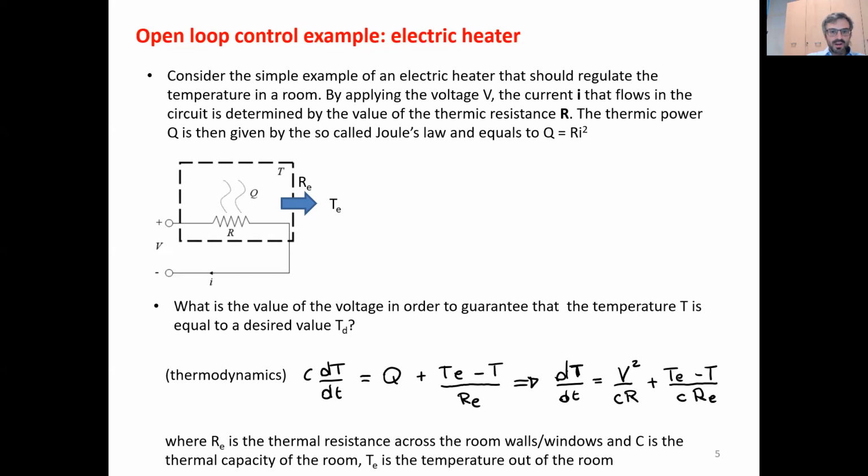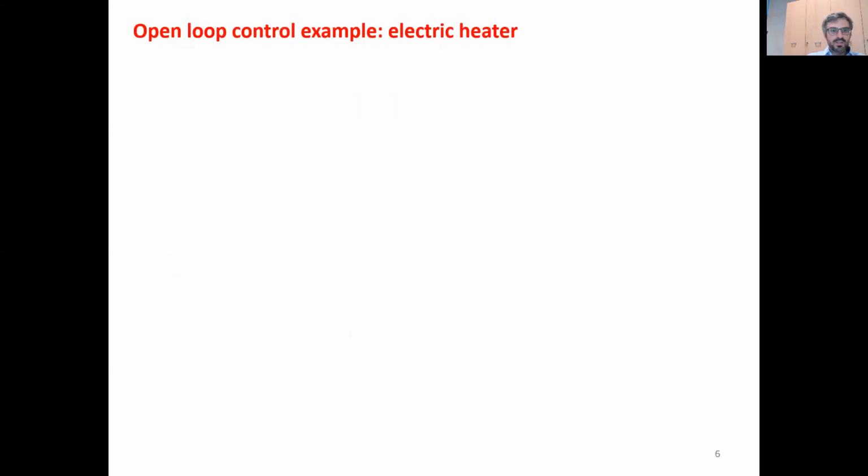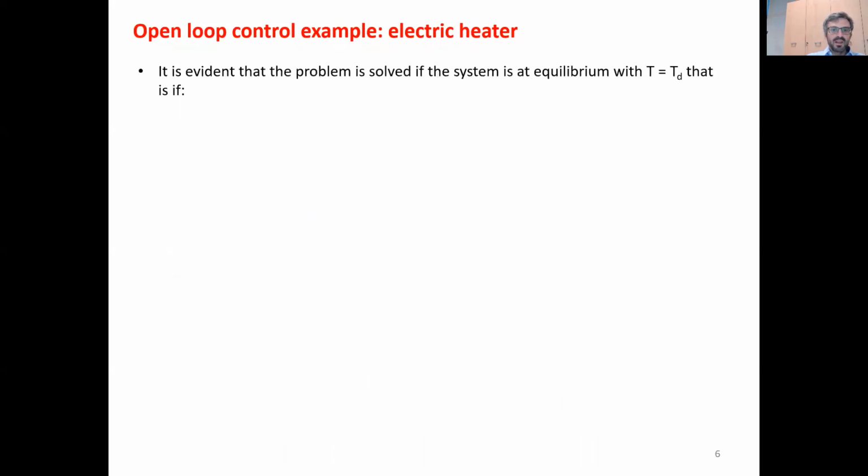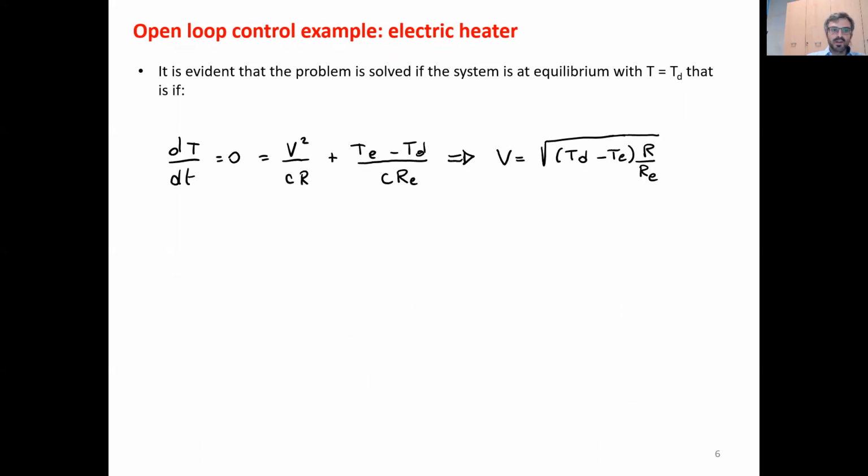For this differential equation, we know that we want to have a steady state at the desired temperature, at equilibrium. So we consider the equilibrium, setting the derivative to 0, and we get this expression equal to 0.